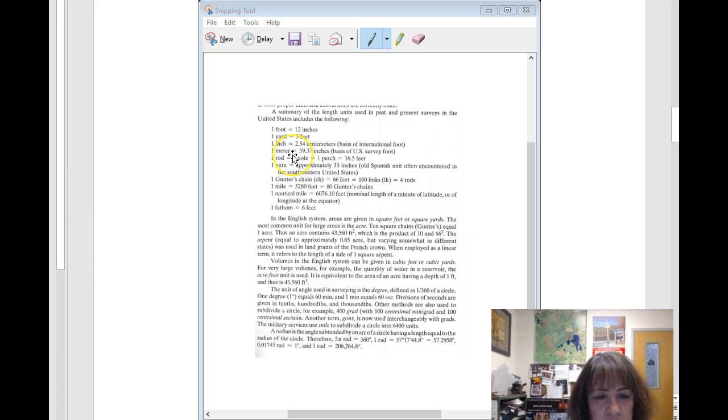Okay, so a meter is 39.37 inches. So we use what are called unit conversions, and we say 1 meter is the same as 39.37 inches. And then we see that there are 12 inches in 1 foot. So my math problem looks like this.